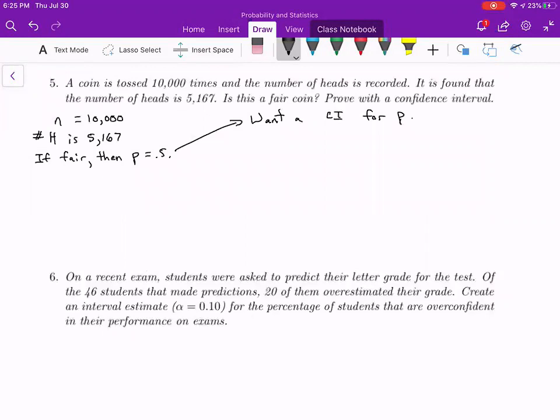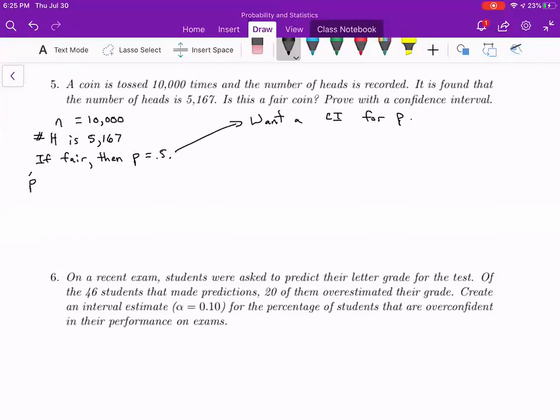Or in other words, for this problem, what is the proportion of the 10,000 tosses that came up heads? Good, so Miku wrote 5,167 over 10,000. Formally, P hat is a count over a sample size. And that's essentially what Miku just did.